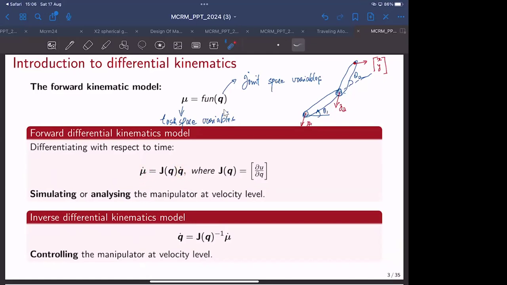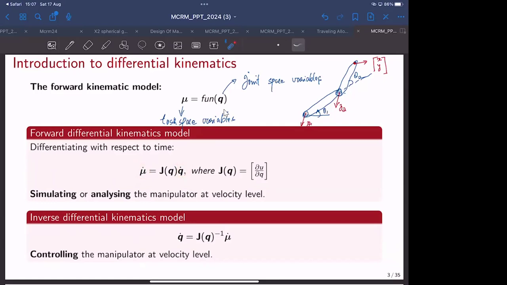This is also true in case of velocities. For example, if you are given the joint velocities, theta1 dot and theta2 dot, what would be the velocity in task space variables, right? And also the inverse, the opposite way.